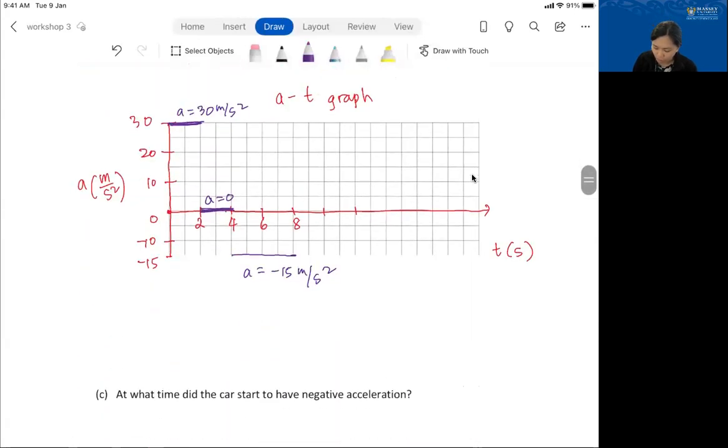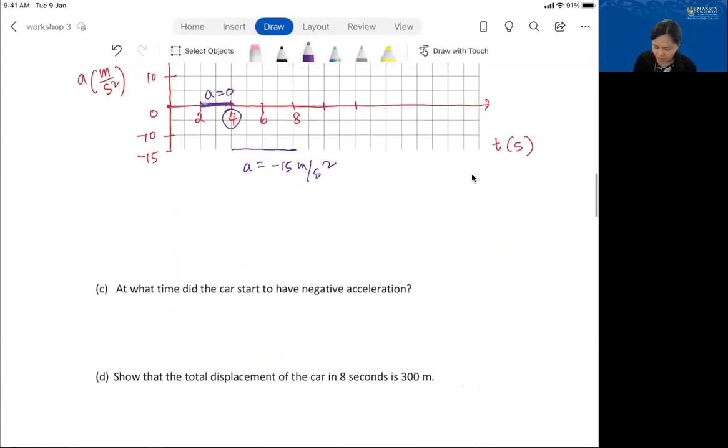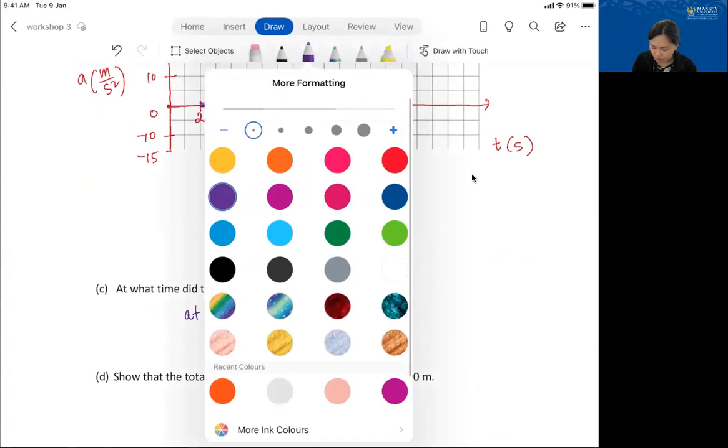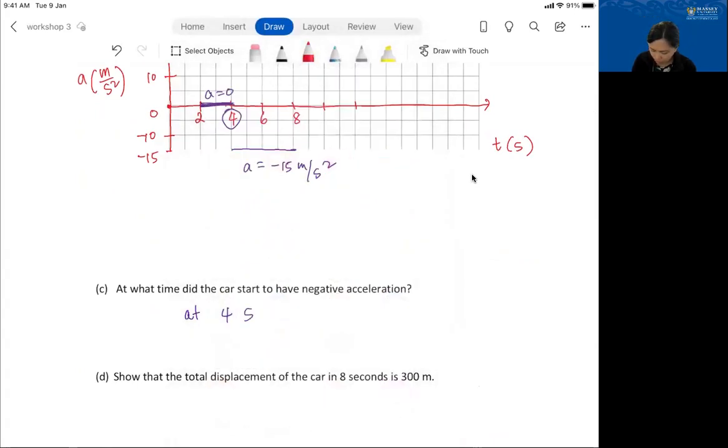We can also see from our acceleration time graph that you start to have negative acceleration at 4 seconds. Yeah, at 4 seconds.